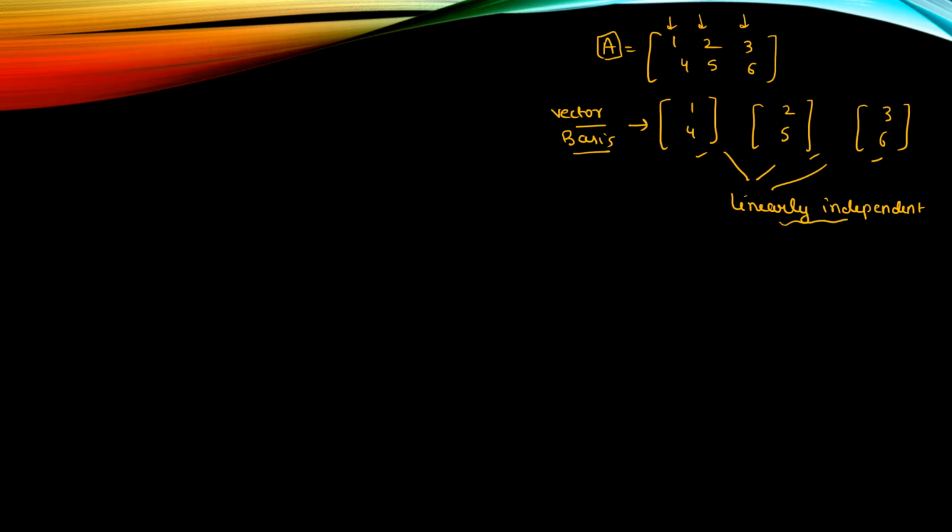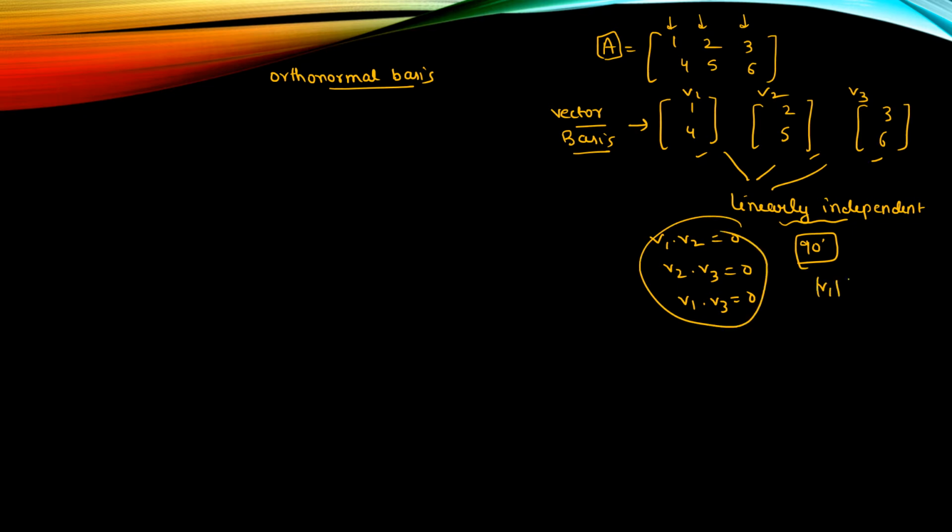Now, because in this video we have to talk about orthonormal bases, what do we mean by them? Orthonormal suggests that something is 90 degrees, if we talk about the root word meaning. Here, let's say these are three column vectors, and if you do their inner product, that should be 0, because if you expand any scalar product, it is cos theta.